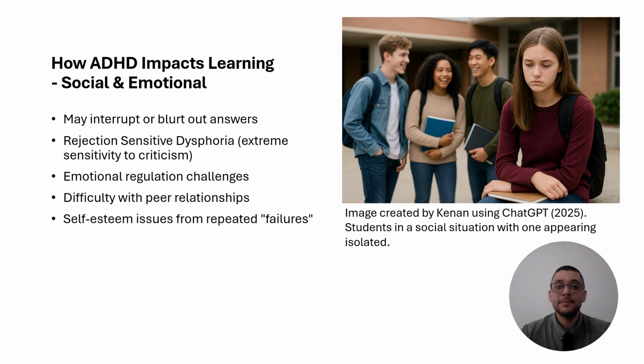These factors can make peer relationships difficult. Over time, repeated experiences of failure in academic and social situations can damage self-esteem, leading to anxiety, withdrawal, or behavioral problems. These emotional challenges can significantly impact a student's ability to engage with learning.